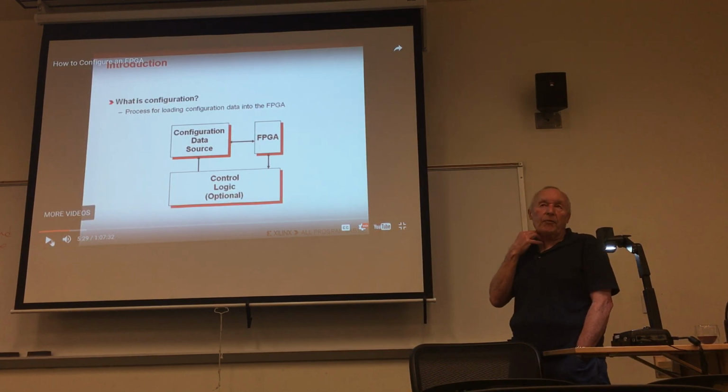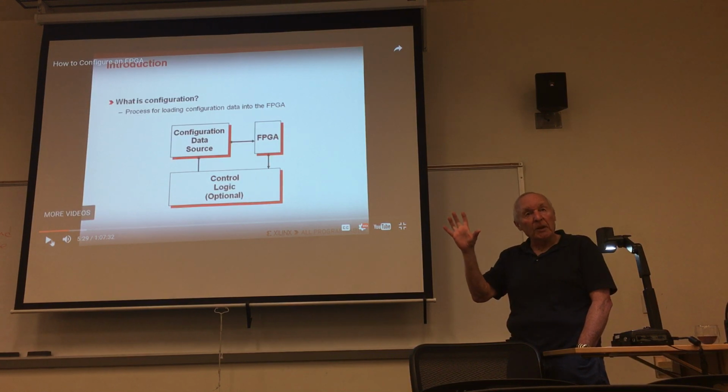Yeah, you could do that. For example, if I had, separate from the FPGA, a microprocessor of some sort, it could set or clear a bit that's a select line for a multiplexer.